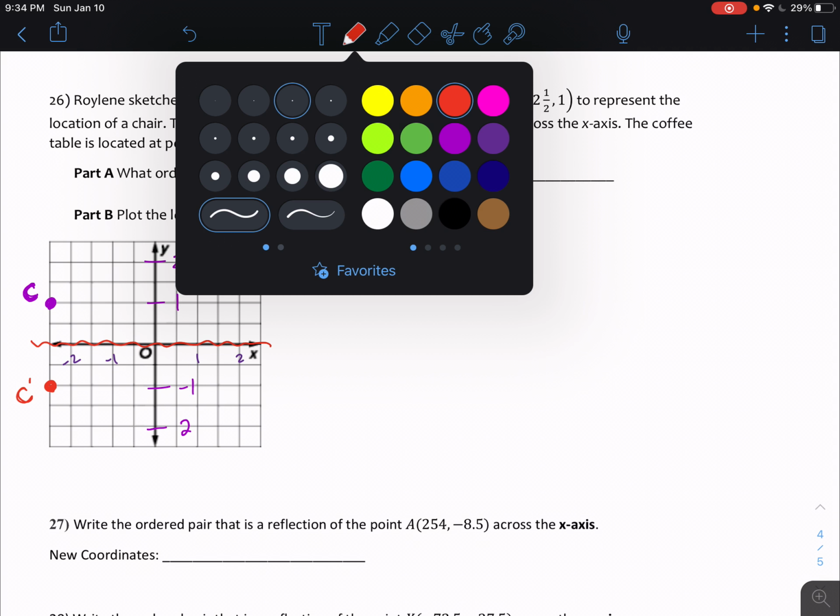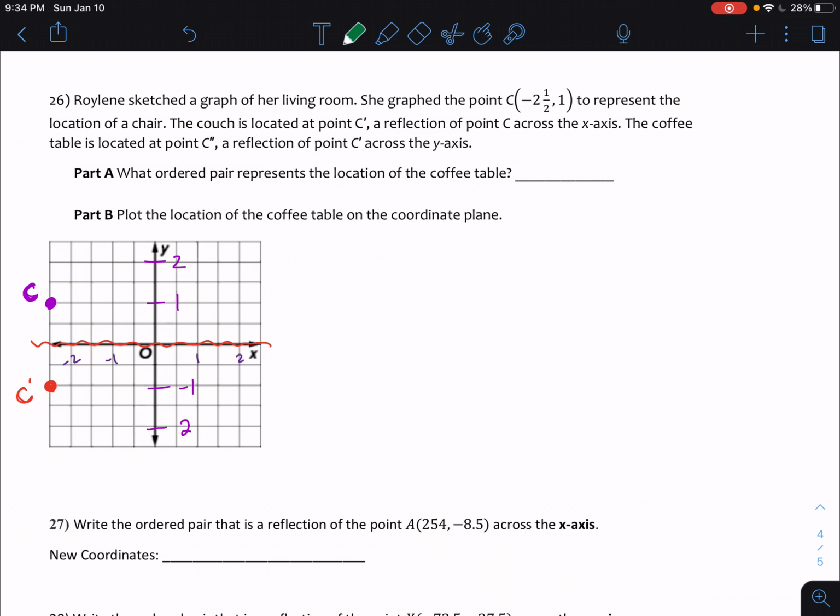And then it says that the coffee table, C double prime, is going to be across the y-axis. So I'm going to go the same distance across on the y-axis. So here's my C double prime. That's the coffee table.